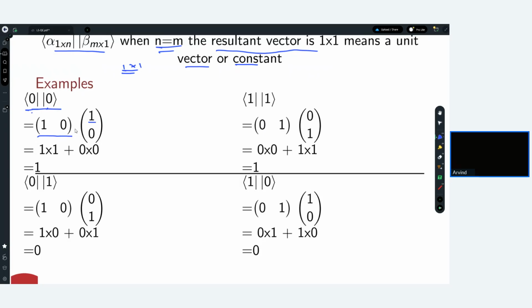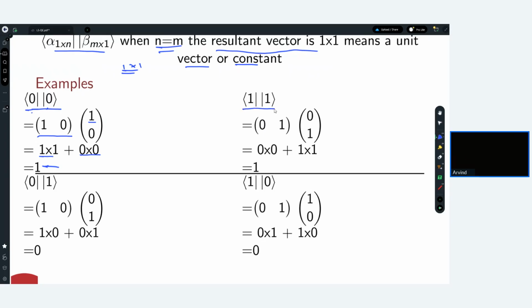If we take the multiplication of these two vectors, we will get 1 cross 1 plus 0 cross 0, and if we add these two things, we will get the value 1. So the scalar product of bra0 and ket0 is always 1.